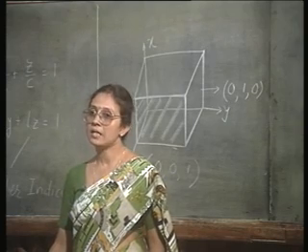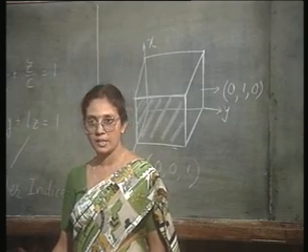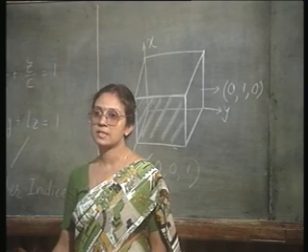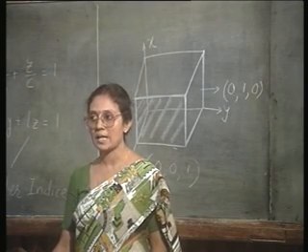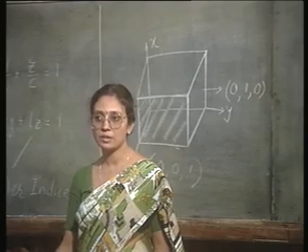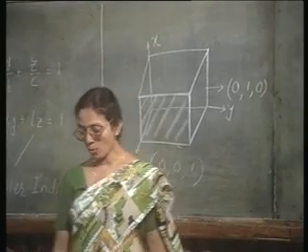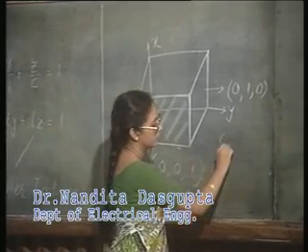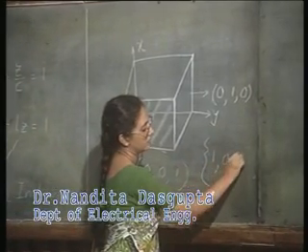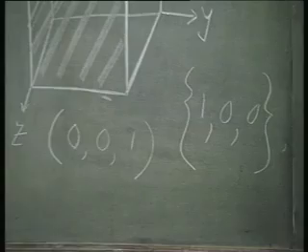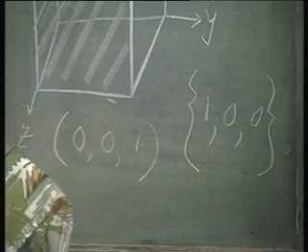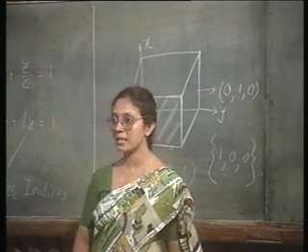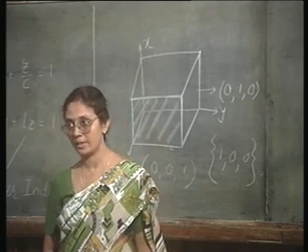The entire family of such planes which makes intercept only on one axis and are parallel to the other two axes will be given as curly brackets 1, 0, 0. Notice the difference. When I put them inside the first bracket, I am being specific. I am specifically telling what is this particular plane.